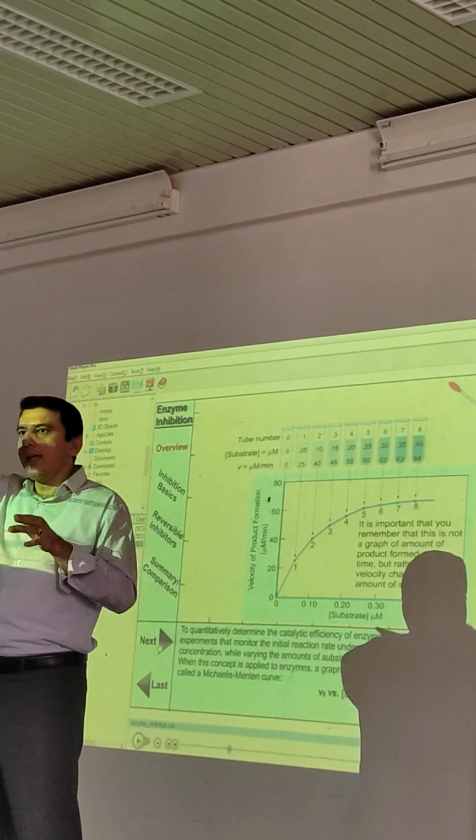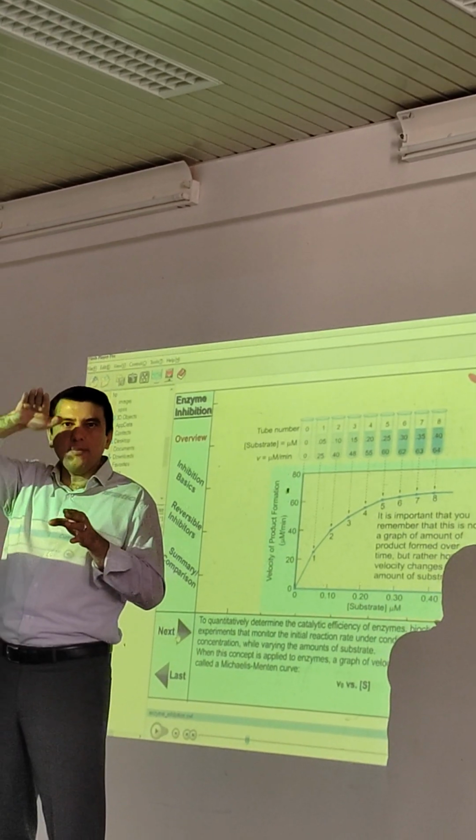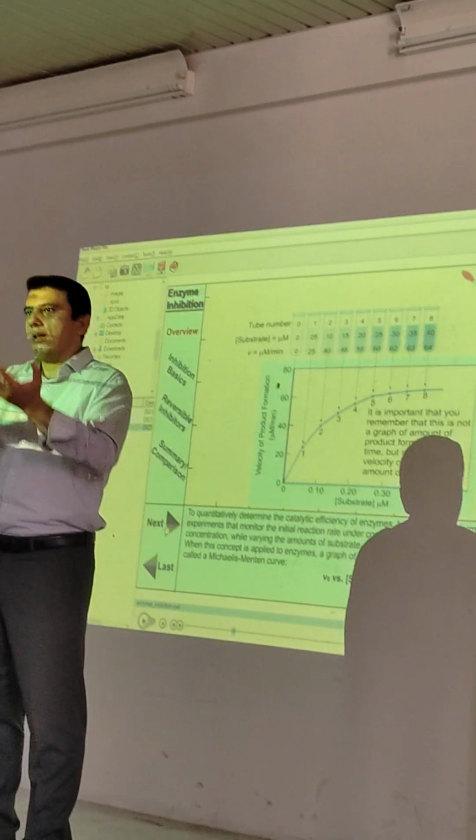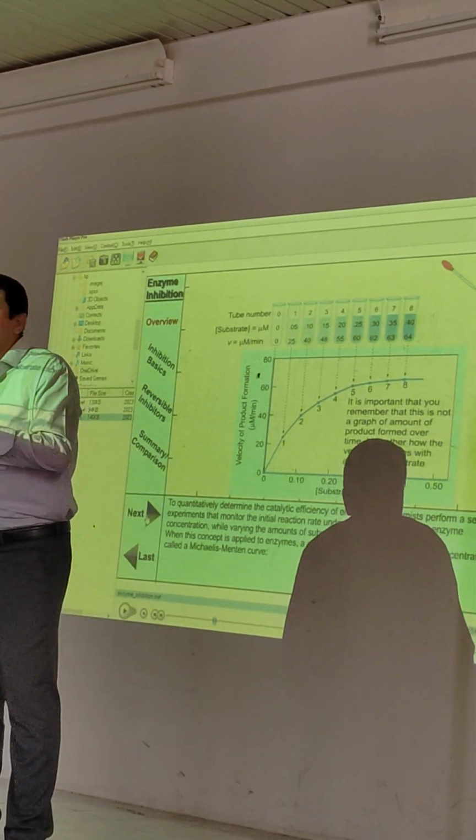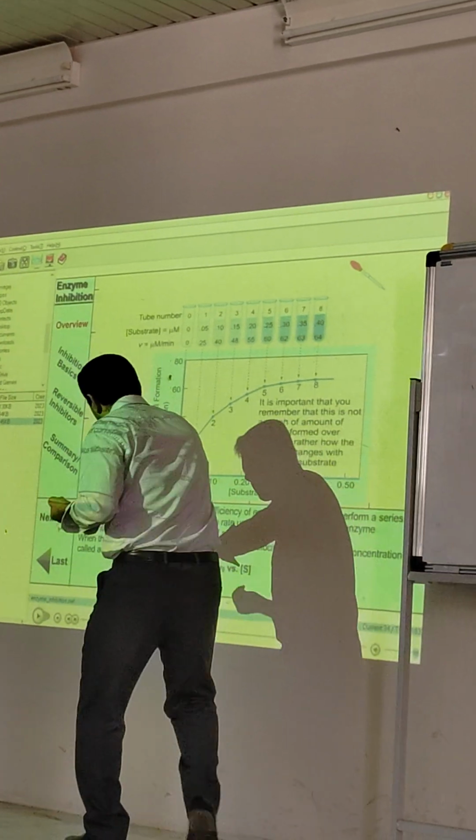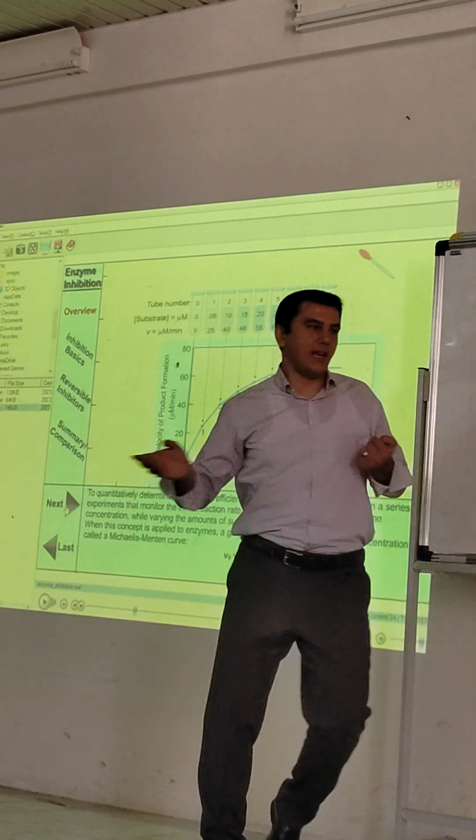This level is a limitation for enzyme speed, like vehicles, like cars. This is the explanation of the Michaelis-Menten curve.